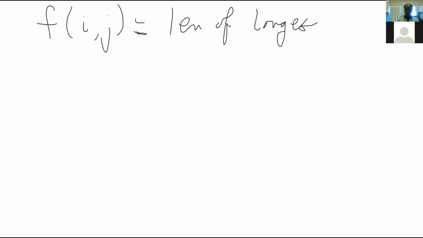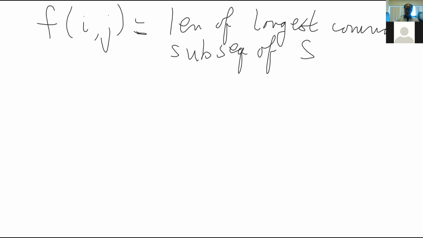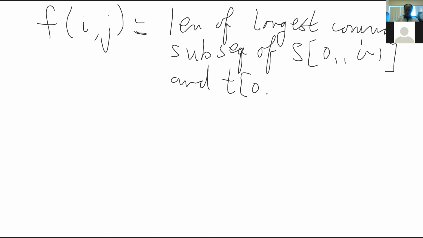We're going to say that f of i, j is the length of the longest common subsequence of the first string, S, from 0 to i minus 1, and T from 0 to j minus 1.